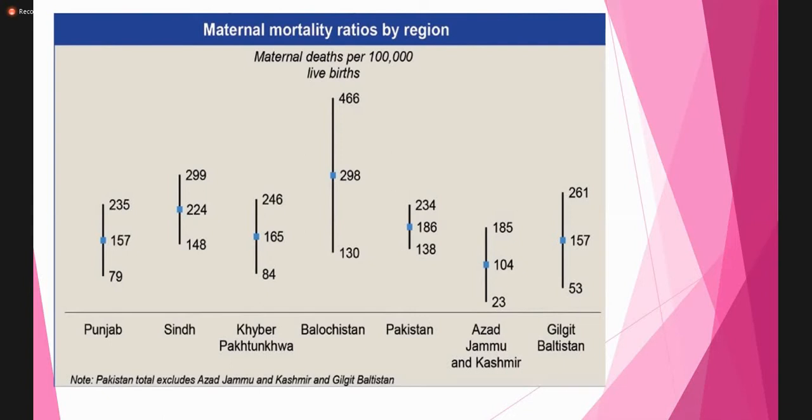In Gilgit-Baltistan it is 157, in Jammu Kashmir it's 104. So these are the latest statistics. On average, Pakistan has 186 maternal deaths per 100,000 live births.